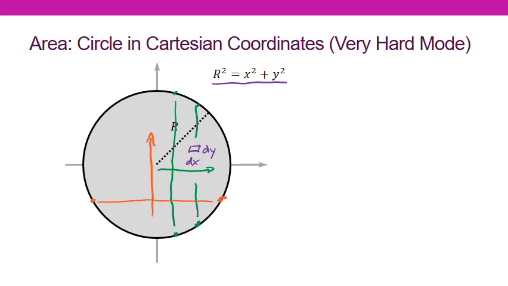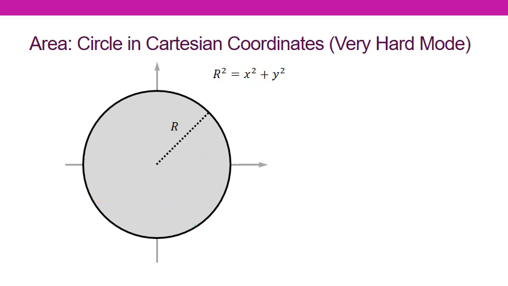I'm going to choose to integrate along y and let my x endpoints change. So let's work out what our endpoints are for our integration. Our area is going to be simple. It's still dx dy. But my limits of integral are what are going to be the hard part. So the limit of my integral in y, I'm going to go from minus r to r.